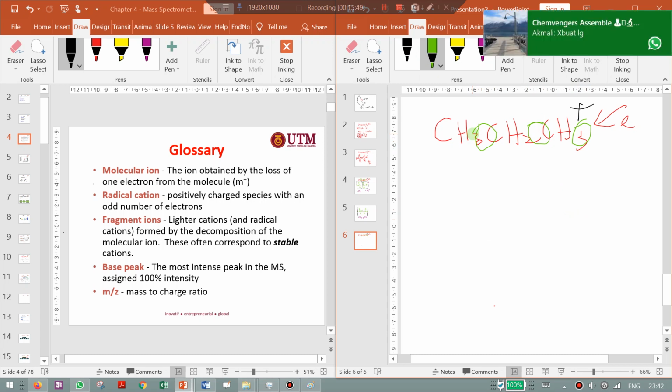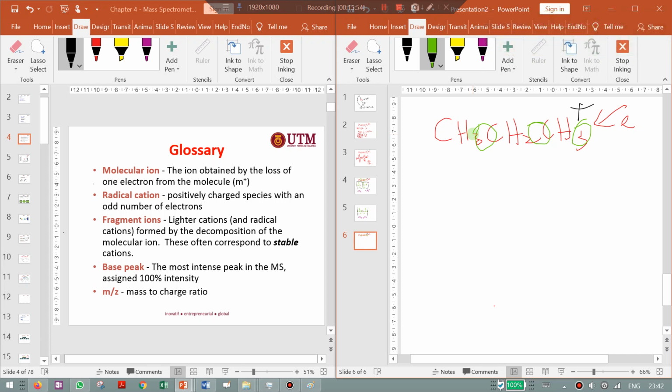If we break this, we can get a CH3 radical and CH2 plus CH3, or we can get CH3 plus and a CH2 CH3 radical.